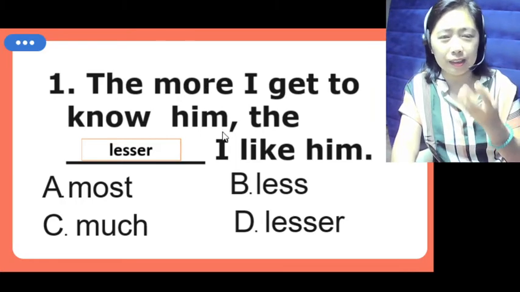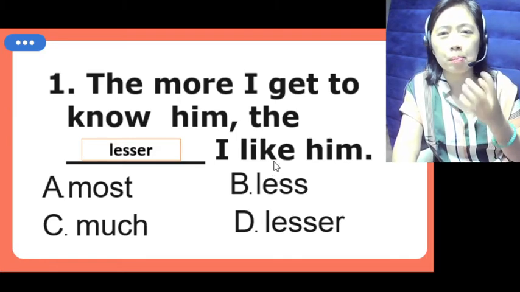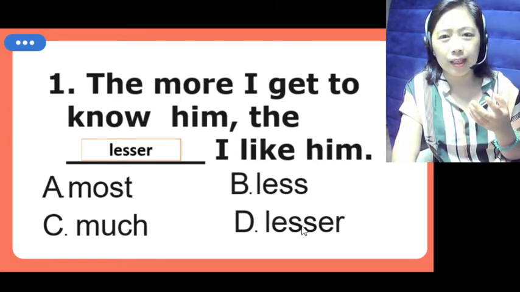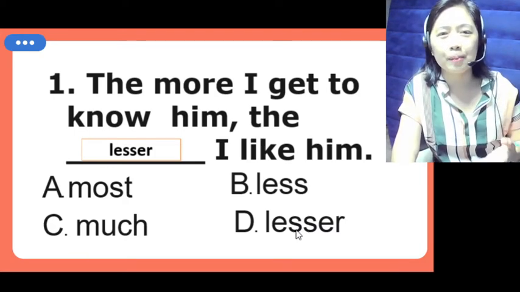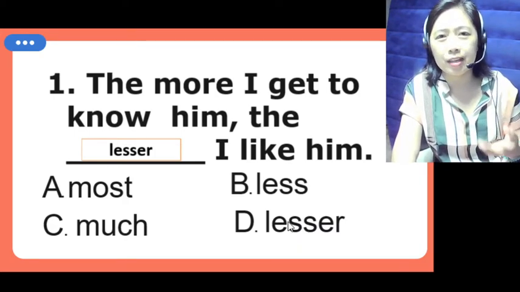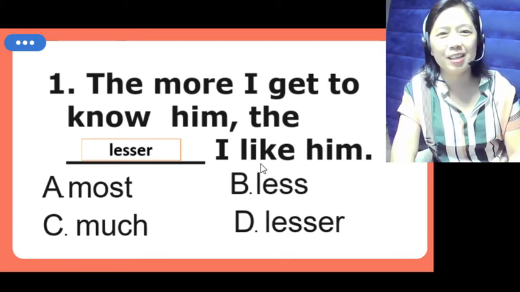So it is easier for us also to look for another comparative adjective here. And so far, letter D or lesser is the other comparative adjective we have here. Okay, so that's the way it is. I hope you get it.